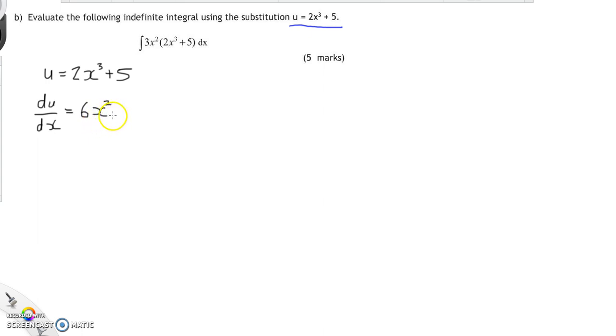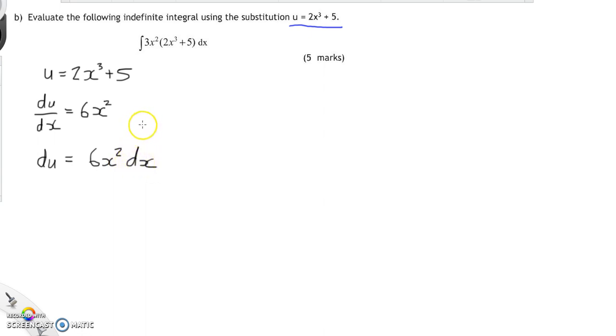So, let's see if I can remember this without looking at the notes. Now we can do something like, if you shuffle these around somehow, right? So we have du dx equals this, and du would equal, we multiply both sides by dx, and we get du equals 6x squared dx.